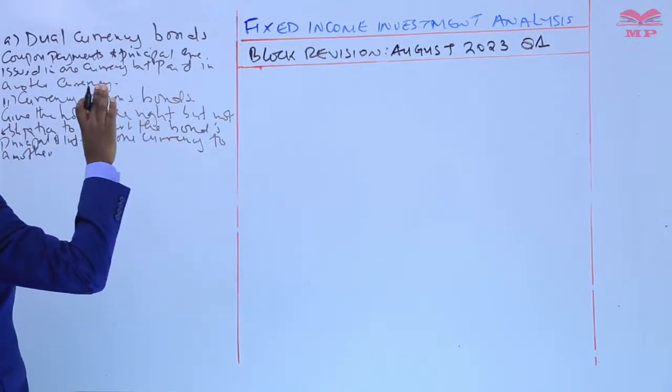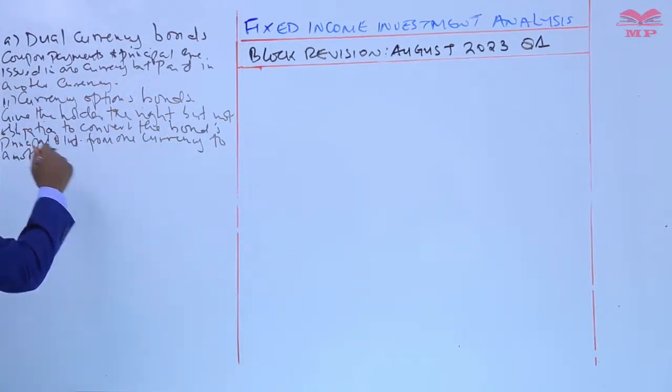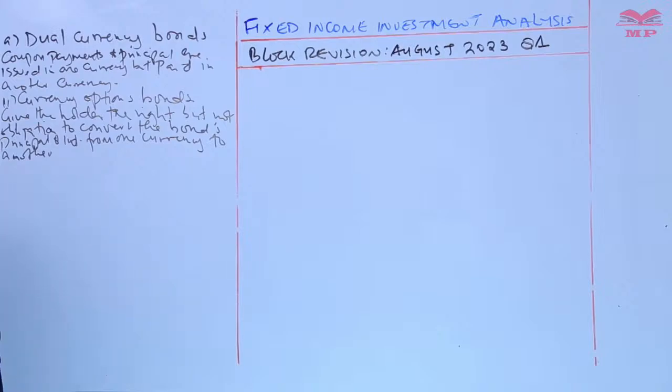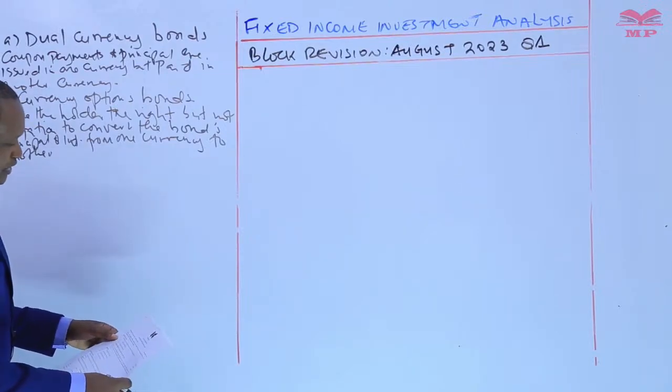The bondholder has the right but not the obligation. It's not obligated to convert the bond principal or interest from one currency to another. That's the meaning of the dual currency bonds and the currency options bonds.